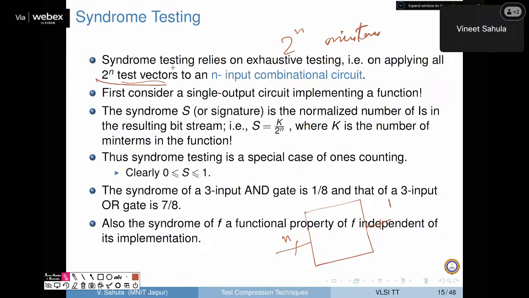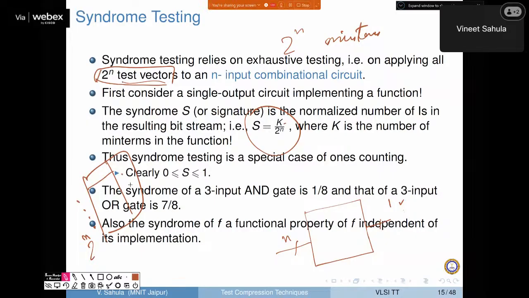Fine. So the syndrome would be how many ones there are at the output for the complete function applied. For 2 to the power n test vectors, what is the function? We realize, we have 2 to the power n vectors here, and we have a function here, right?